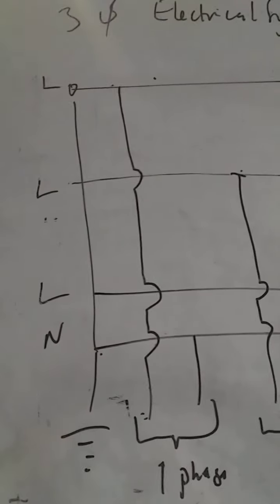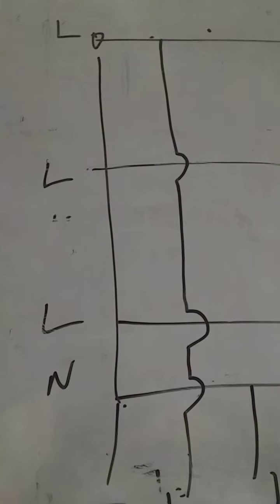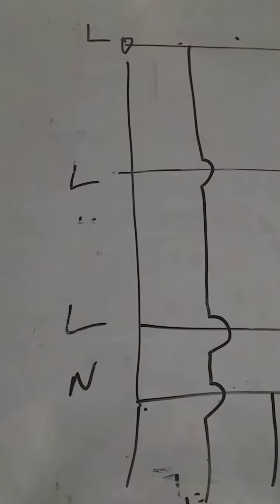Right. So that is a brief introduction to the three-phase system. And all these three phases can be connected in different forms. They can be connected in either star or delta.